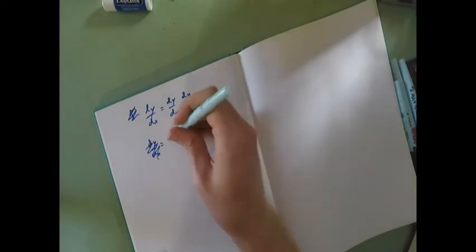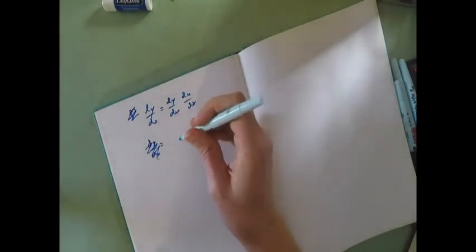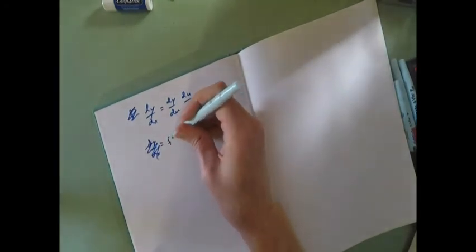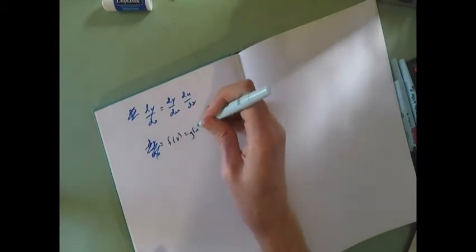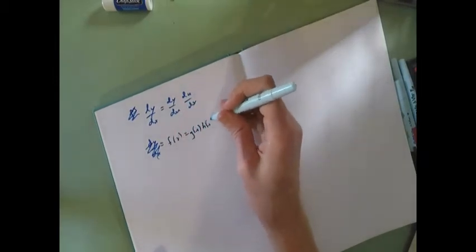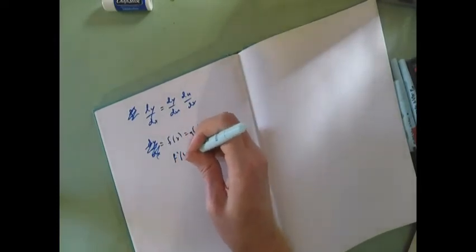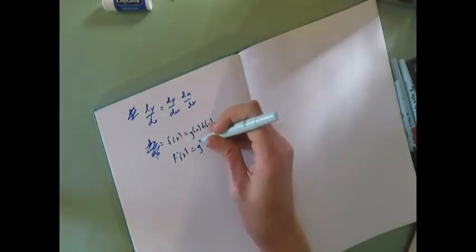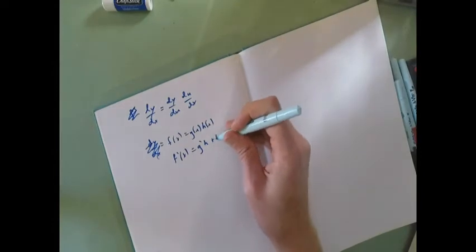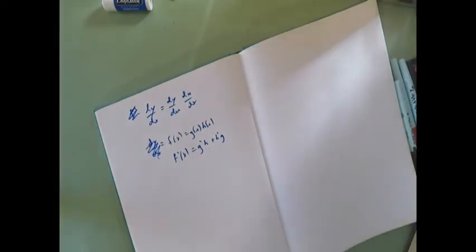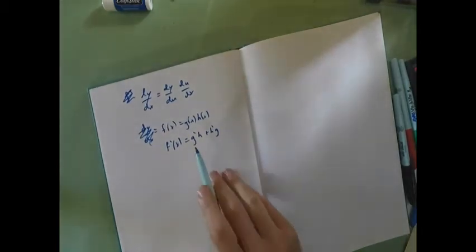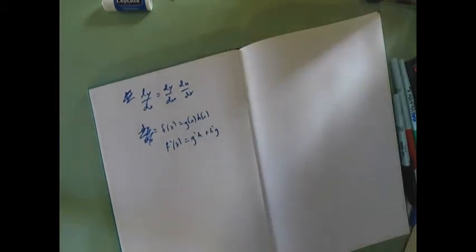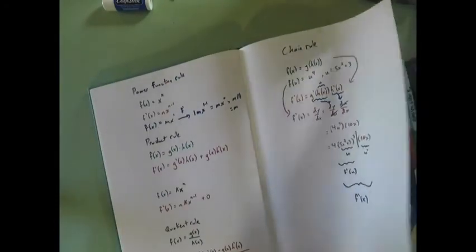Here's where Newtonian notation fits a little nicer. We'll say f of x equals g of x times h of x, and f prime of x equals g prime times h plus h prime times g. Being a little lazy with my notation, just to keep things tidier, g prime is just shorthand for g prime of x, like we did right here.